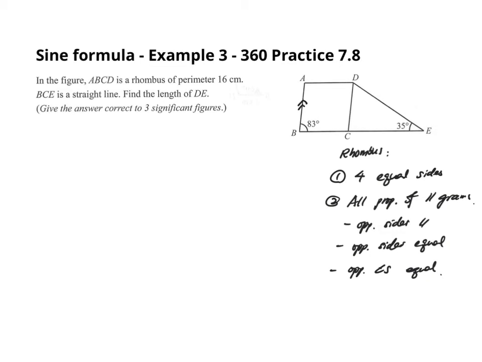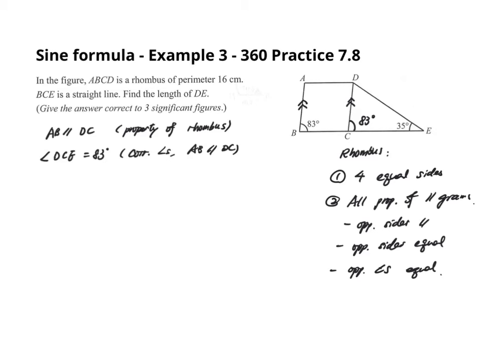Because AB is parallel to DC, angle DCE is equal to angle ABC is equal to 83 degrees. Besides, ABCD has perimeter 16 cm, and rhombus has 4 equal sides. So CD is equal to 16 divided by 4, that is 4 cm. So in triangle CDE, we have two angles and one side.